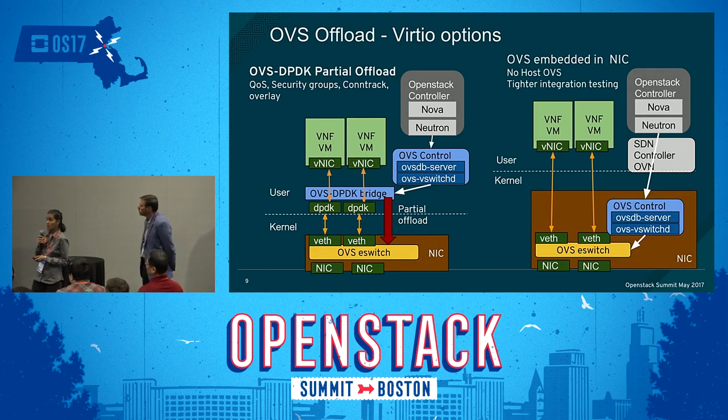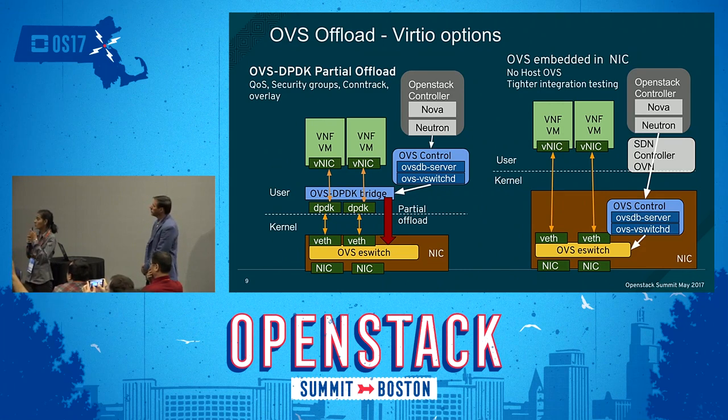These are Virtio options. If you're not interested in SR-IOV and you want to do live migration, then these are some of the Virtio options, and Nick will go into a few more as well. But if you want to use OVS-DPDK and do a partial offload, the whole flow is not offloaded, but you can take advantage of what NIC vendors like Netronome are providing: QoS, security groups, conntrack, overlay offload.